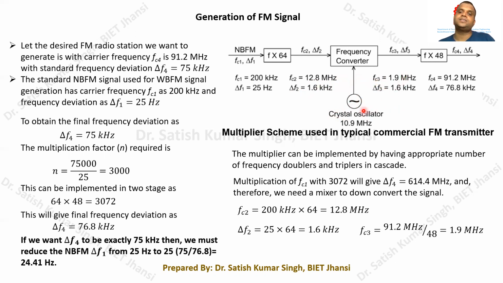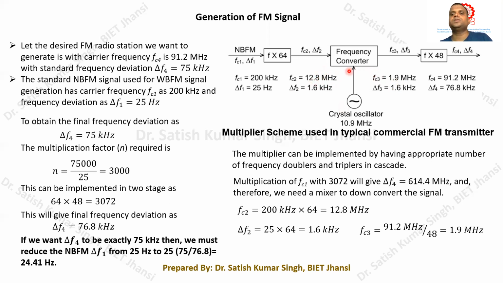You remember, it is not just 10.9 megahertz. You can either have a crystal oscillator frequency greater by 1.9 megahertz as compared to 12.8 megahertz, or you can subtract 1.9.